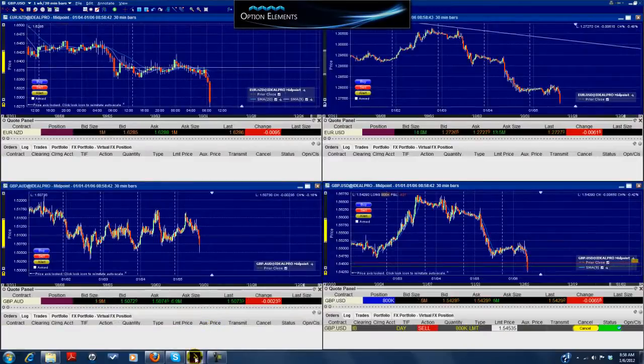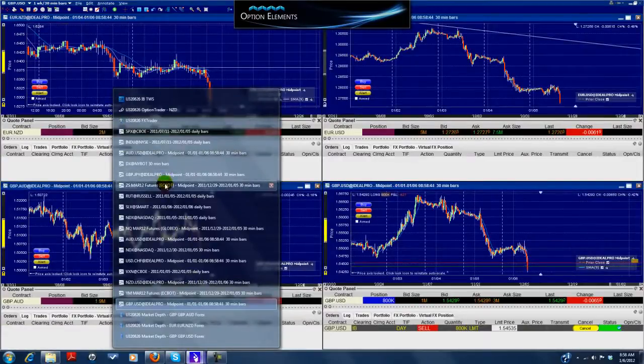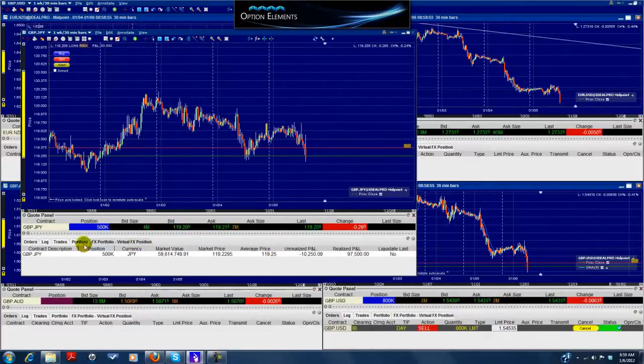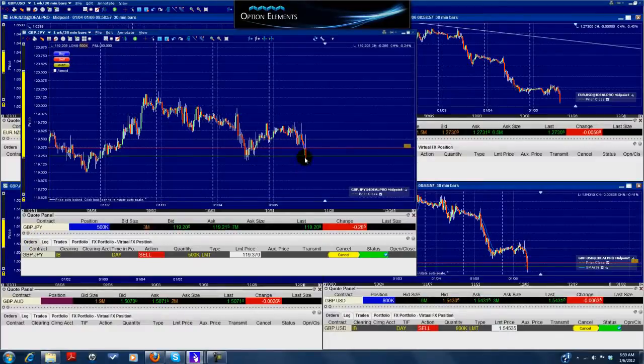There, our yen. Come back. Here we are on the yen. Not much to report on it. I think we're long at 25. Yeah, we're long at 25. Market's at 20. So keep an eye on that.